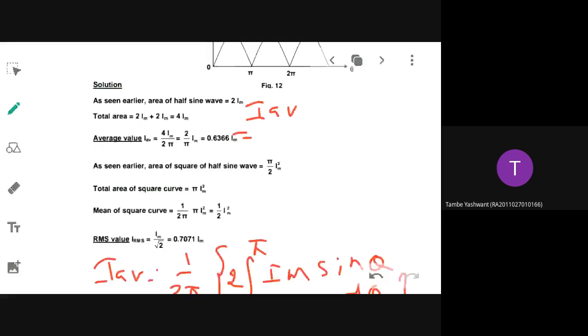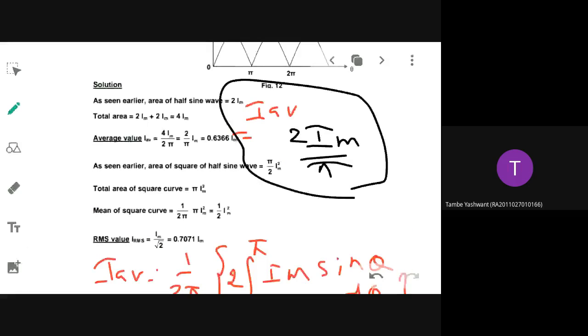So the answers that you got for average is what? 2 IM by pi. All got 2 IM by pi for average.